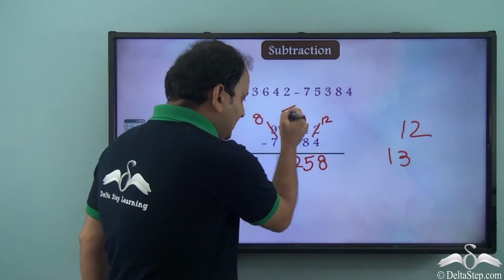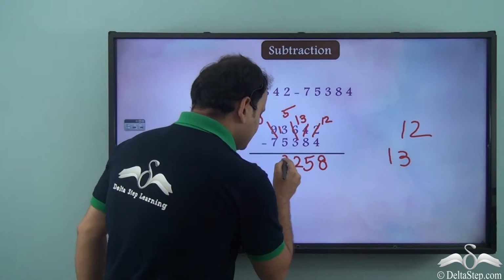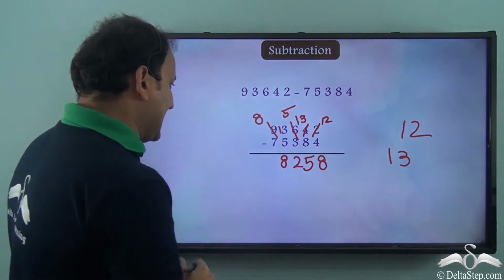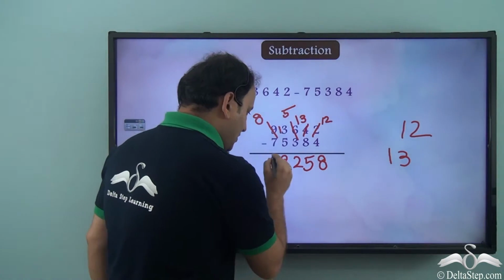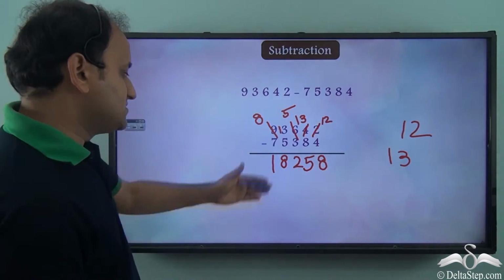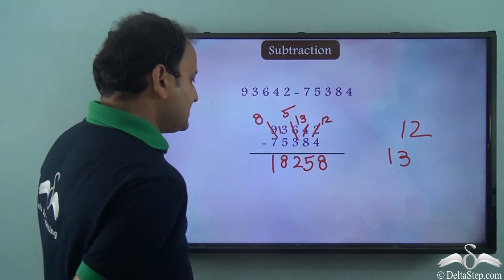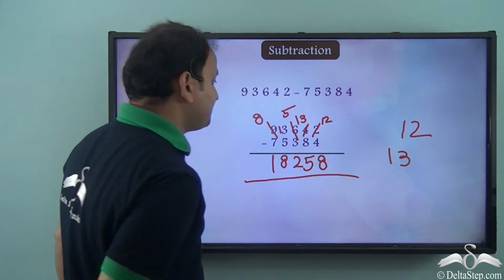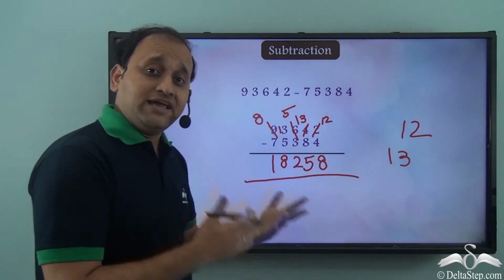So we have 13 minus 5. 13 minus 5 is 8. And we have 8 here. So 8 minus 7 is 1. So what is the answer? Answer is 18258. And this is the final answer. So this is how we perform subtraction using borrow.